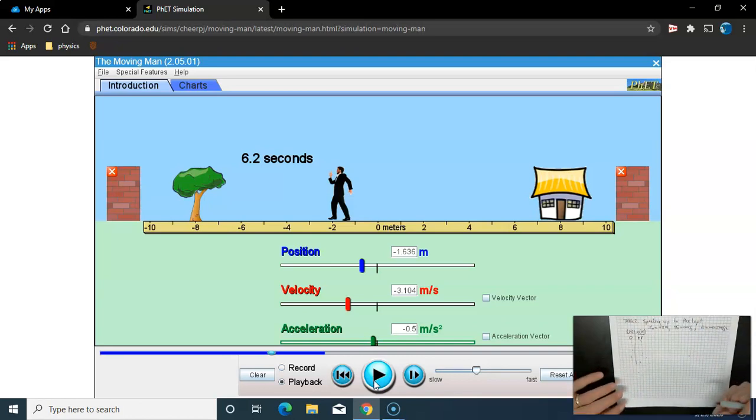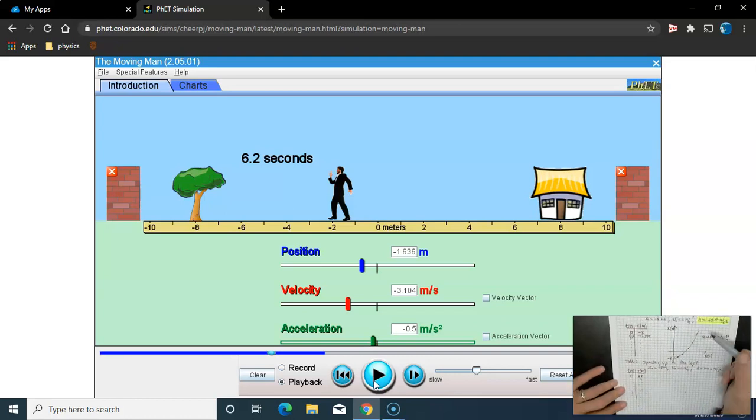When we graph the data, I will show you that in the second video. In the second video, I will show you how to do this graph. As you notice, when you plot position versus time, you see that this is a quadratic function.